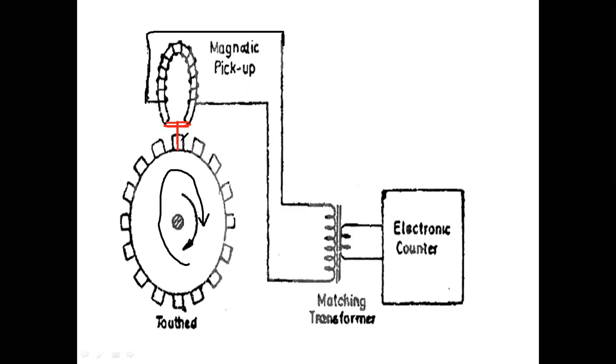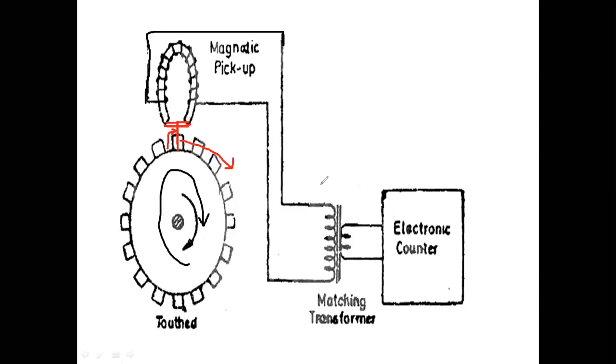When the tooth moves away and a gap comes in this place, the flux is not interrupted by the rotor, so the magnetic flux lines move from north to south and the conductor is not cutting any flux.